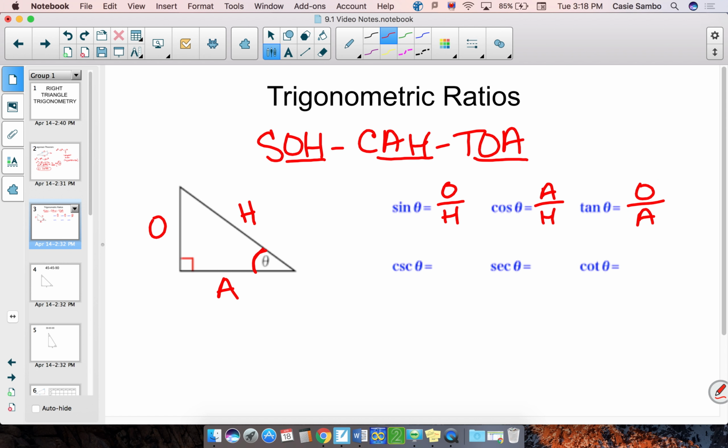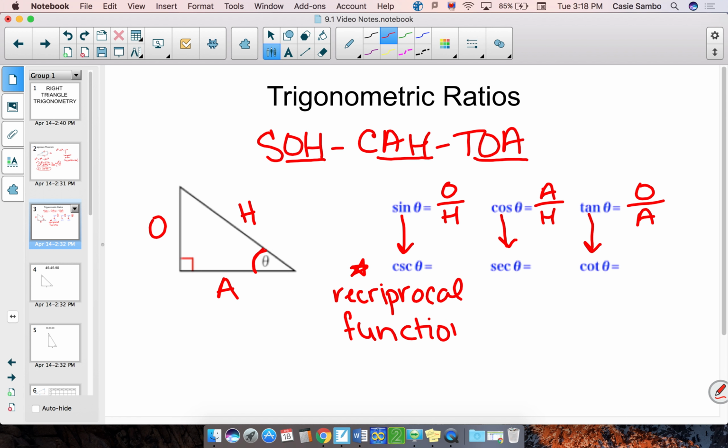The cool thing is that we have some reciprocal functions, and those are these down here in the second row. We call them reciprocal functions because they're going to be basically flipped versions of sine, cosine, and tangent.